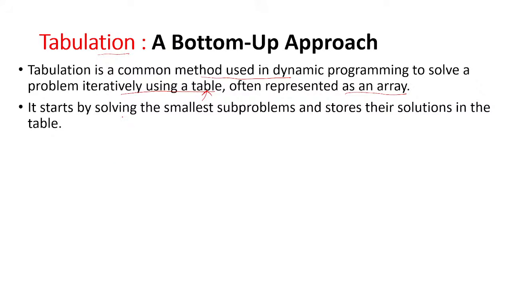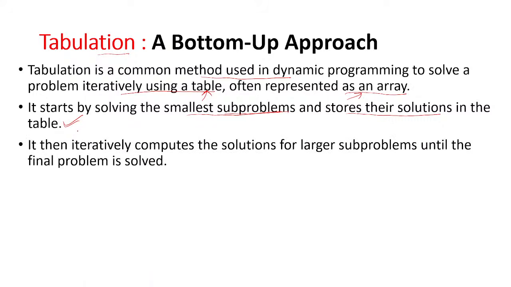It starts by solving the smallest subproblems. First the problem is divided into smallest subproblems, and it finds the solution to the smallest subproblem first and stores the solutions in the table, this array. Those smallest subproblem solutions will be stored in the array. This is how it starts solving the big problem.